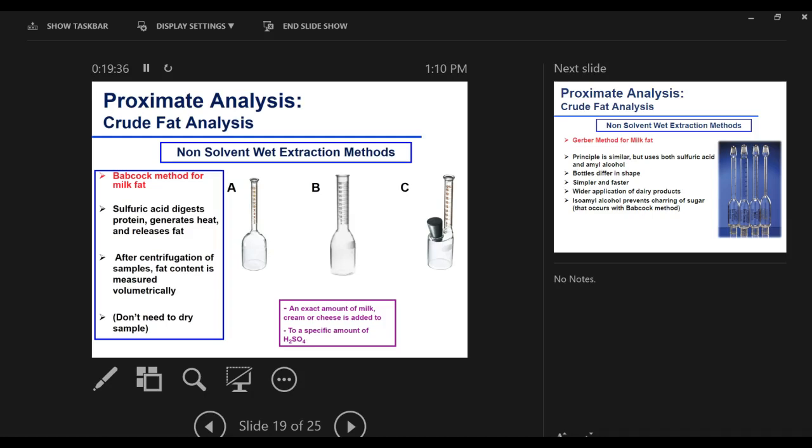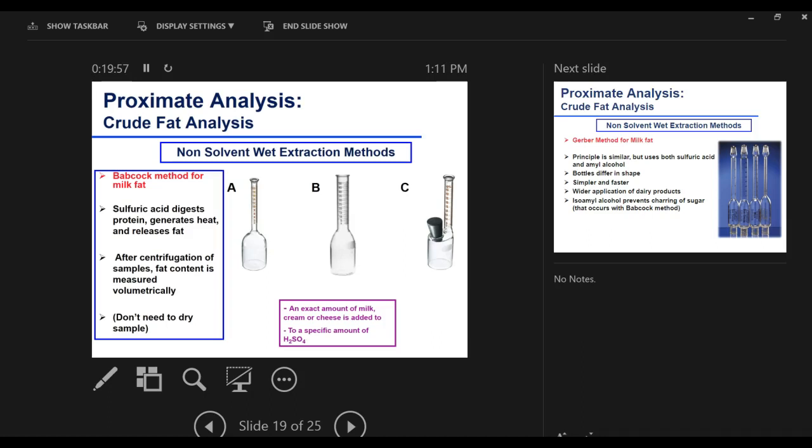Then you just measure the amount of fat on top. The reason we use a specific amount of milk and specific amount of H2SO4 is to drive your fat layer to the place where you can actually take the measurements for the volume.